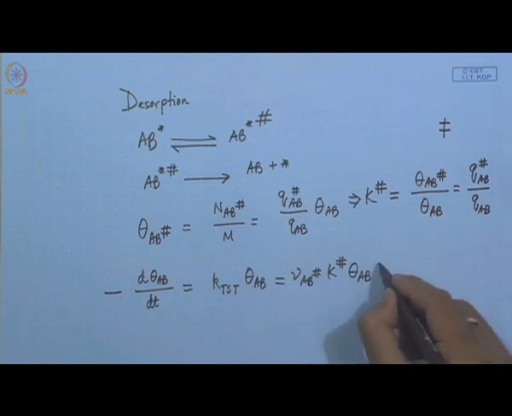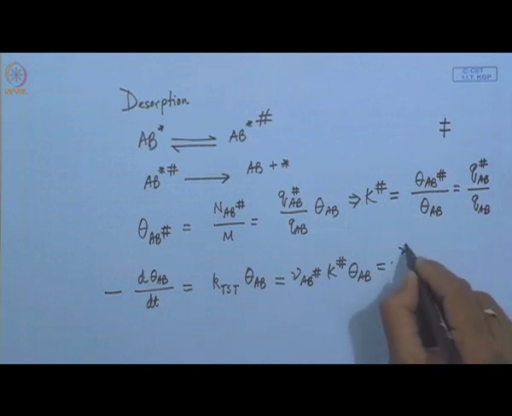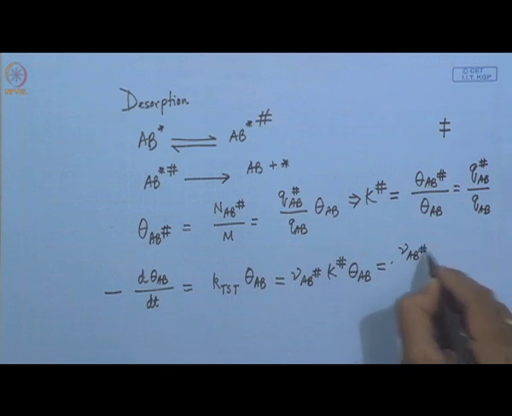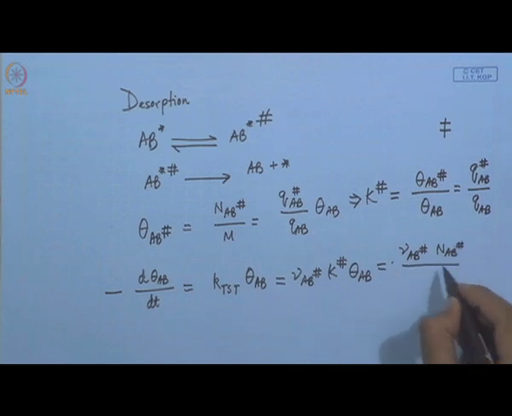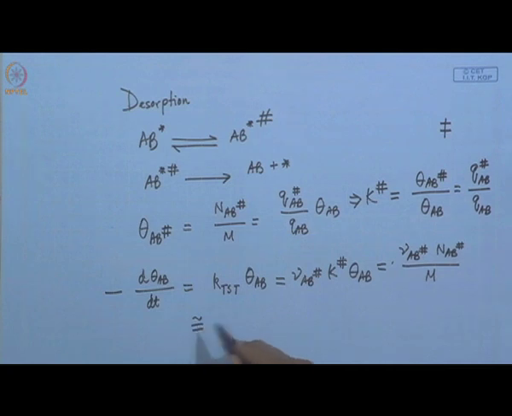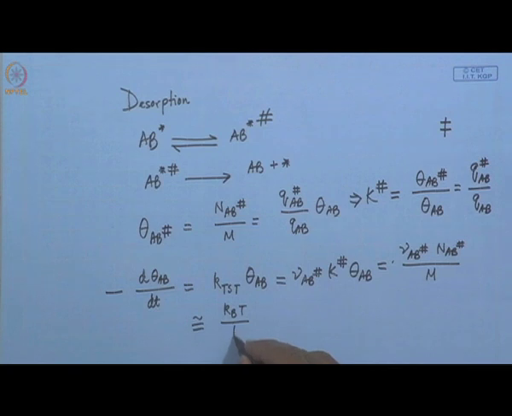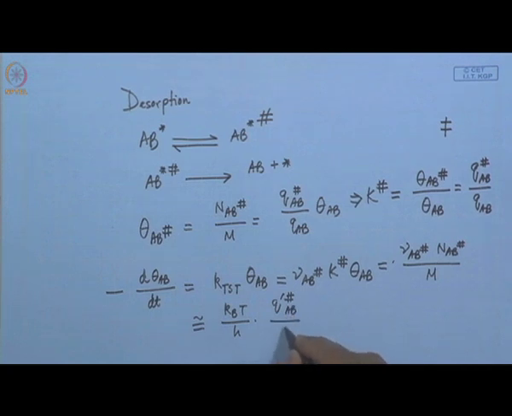Okay, so this is your NAB double dagger divided by M, and you can approximate this to KBT, Boltzmann constant times temperature, divided by h times Q prime AB divided by QAB into theta AB.